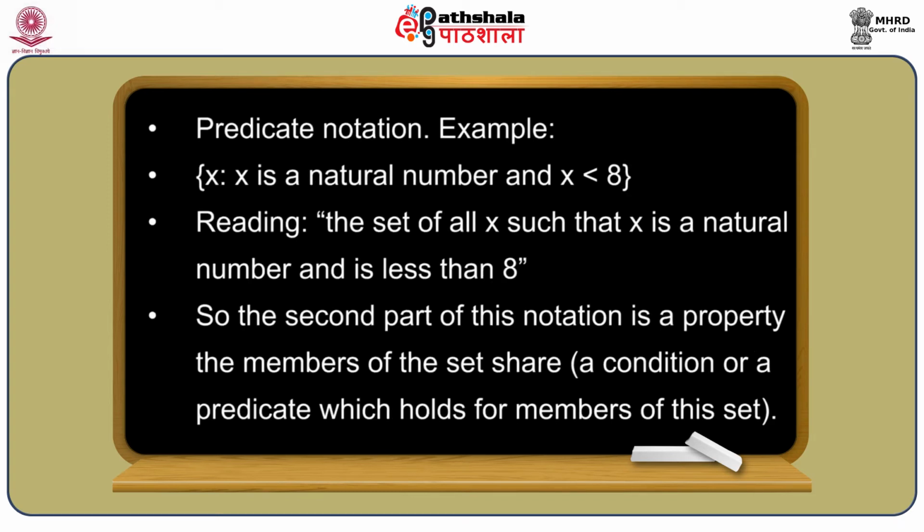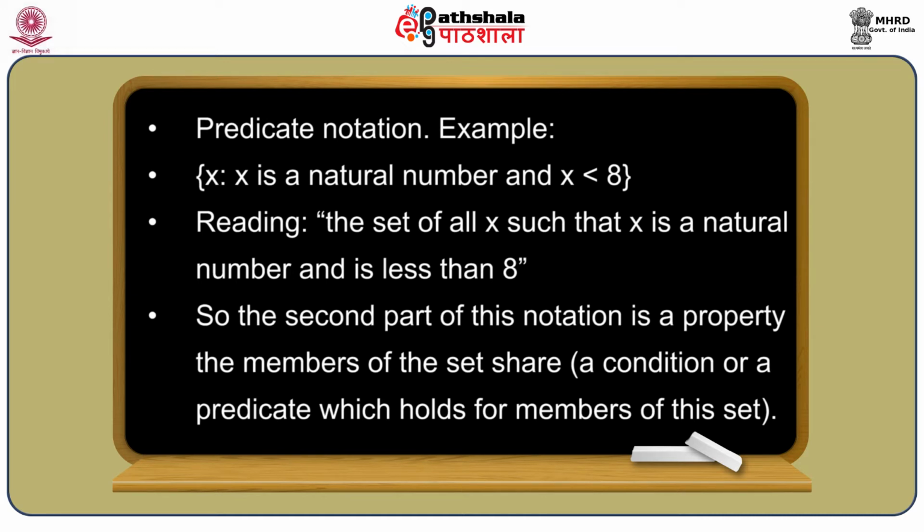What about the predicate or abstraction notation? Let's take the following example. Braces, the set of x's such that x is a natural number and x is less than 8. This needs to be read as the set of all x's such that x is a natural number and x is less than 8. So the second part of this notation is a property the members of the set share.